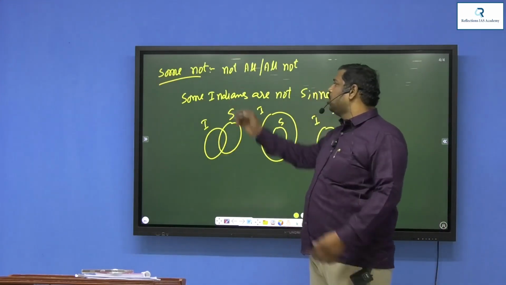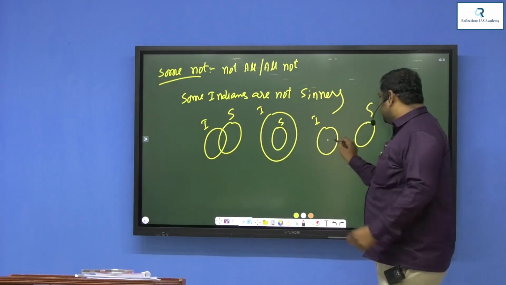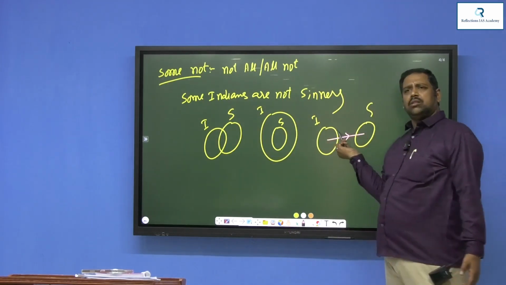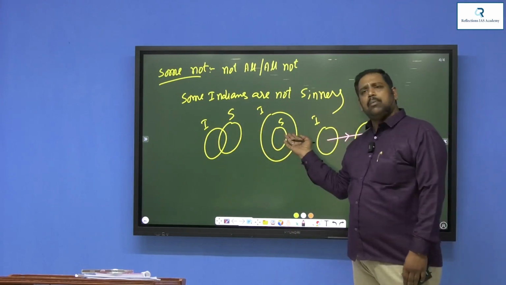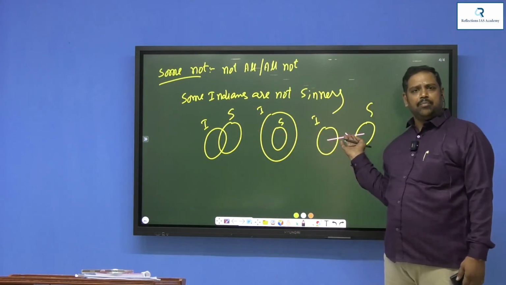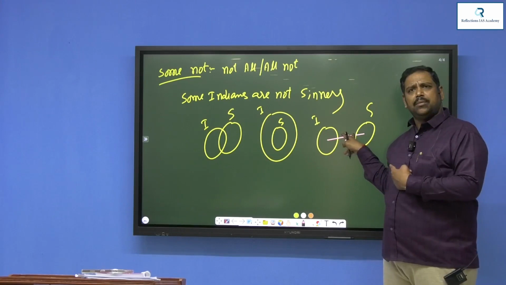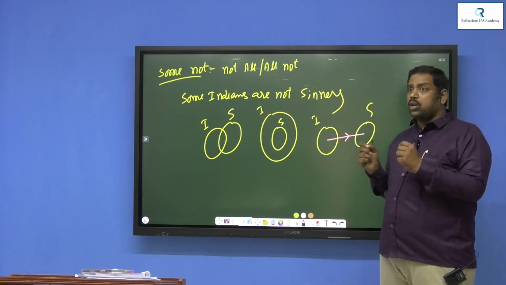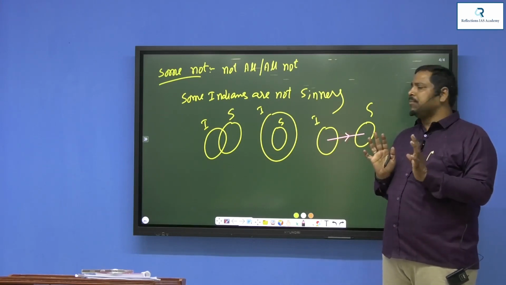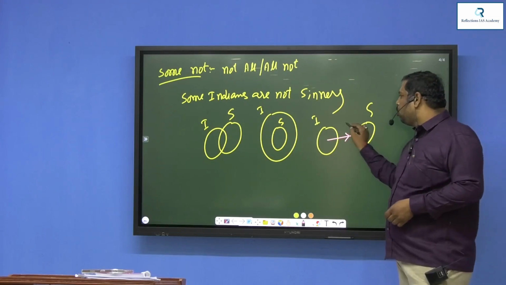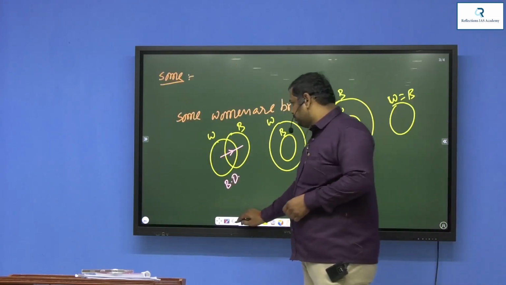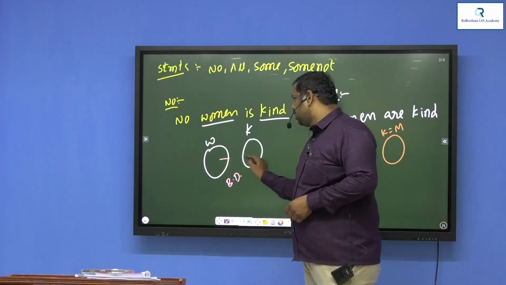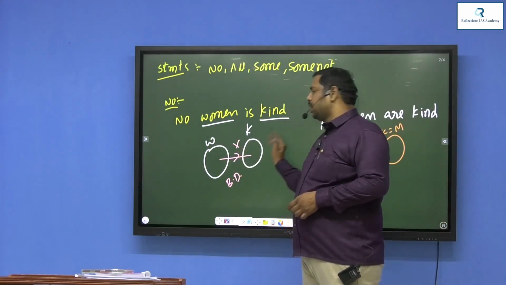Now some not. For some not, these two might have a relation, might not have a relation. Some relation might be possible, might not be possible. It is looking like no, but I want to differentiate. That is the reason for no, a strikeout should be there: these two have no relation.